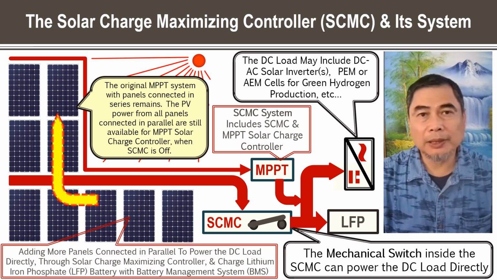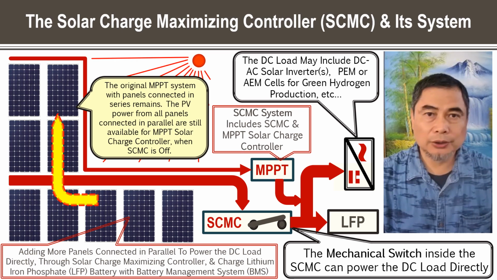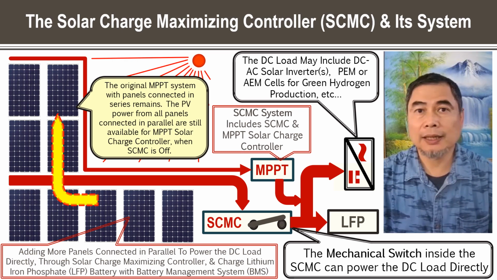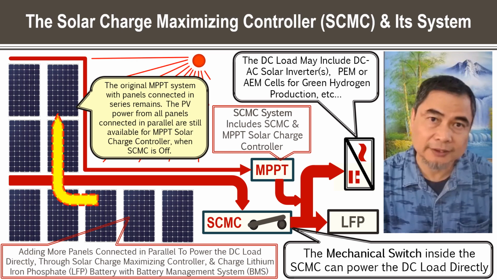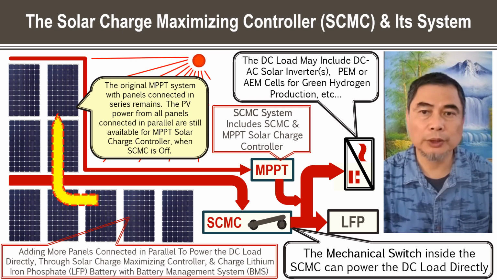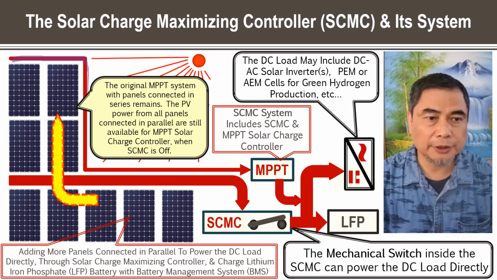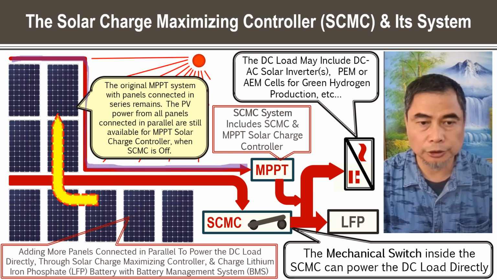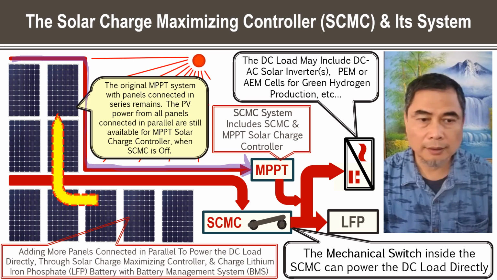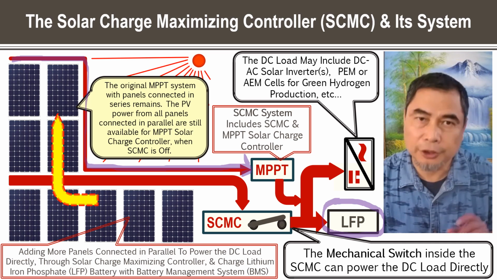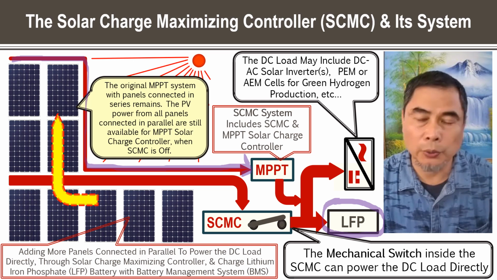And that's why we came up with the idea to include the solar charge maximizing controller in the system. And that whole system, we call a solar charge maximizing controller system. It includes the original MPPT solar charge controller system, still charging from the solar panel to the battery, but the battery we are using here is limited to LFP only.